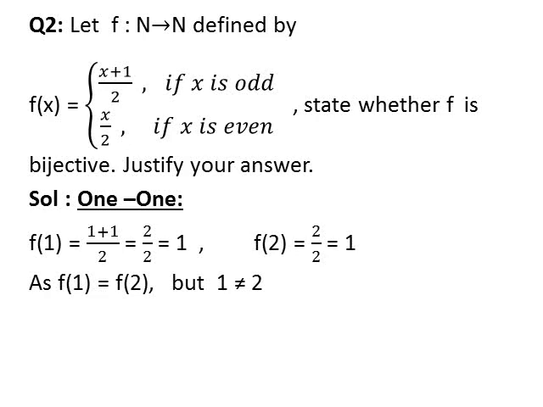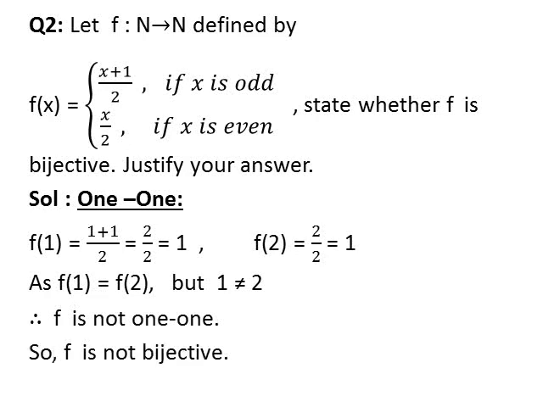Now we take x equals 2, as 2 is even, f(2) equals 2 by 2, that is equal to 1. As f(1) equals f(2), but 1 is not equal to 2, therefore f is not one-one. As f is not one-one, we conclude that f is not bijective without checking onto.